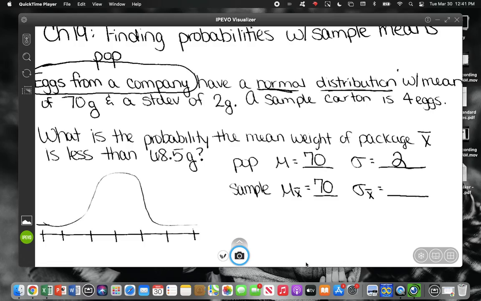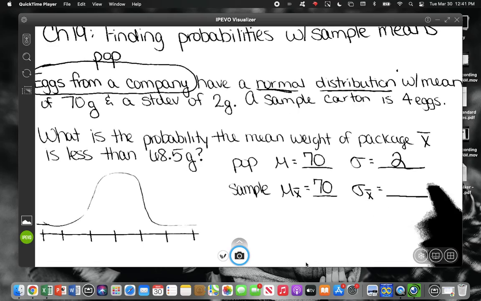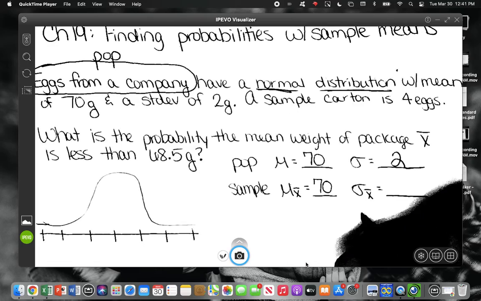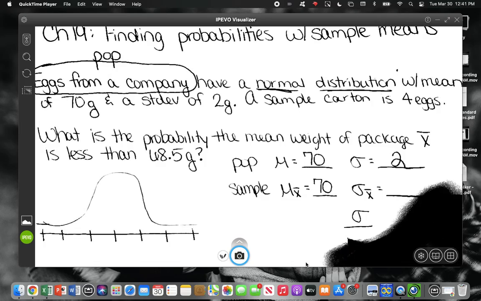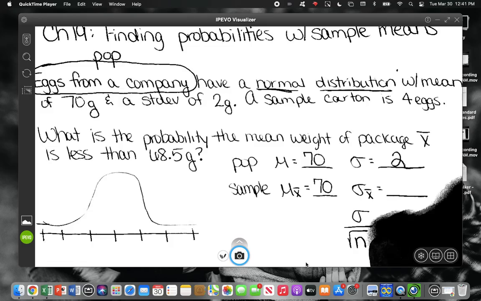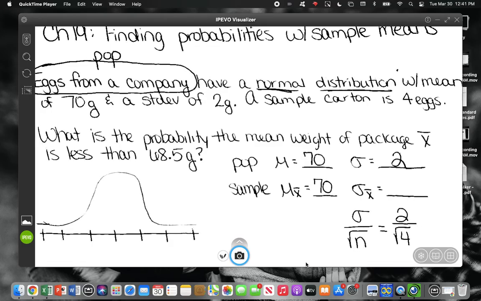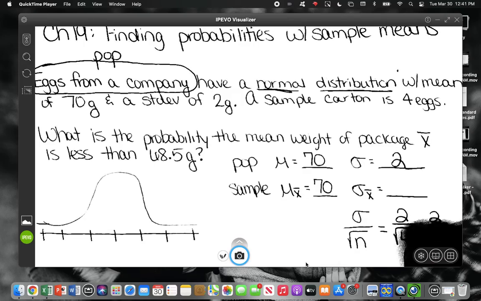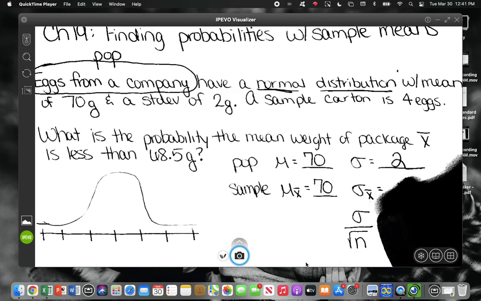We just wrote it earlier. What is the formula to find the standard deviation of the sample? Standard deviation divided by the square root of n, so we take 2 divided by the square root of 4. What's 2 divided by 2? Just 1.